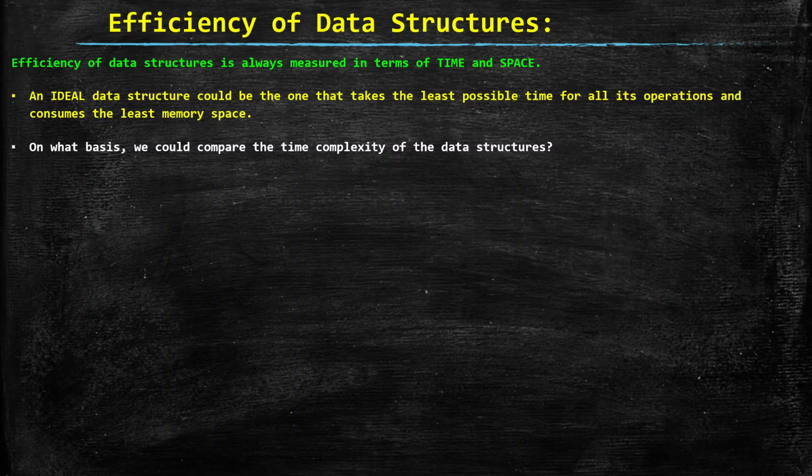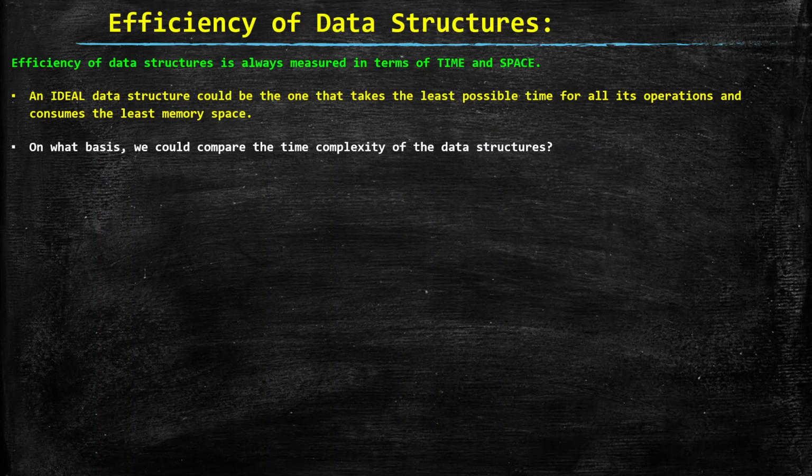So let's talk just about the terms of time and space for data structures. An ideal data structure would be one that takes the least possible time for all operations and consumes the least memory space as well.